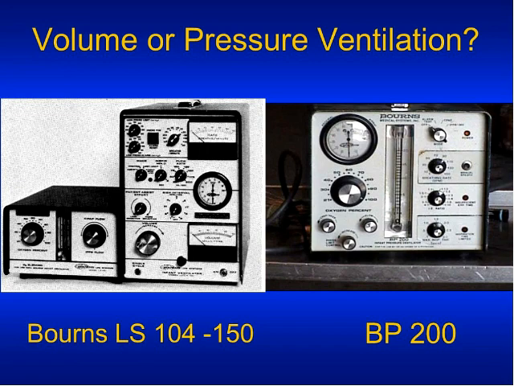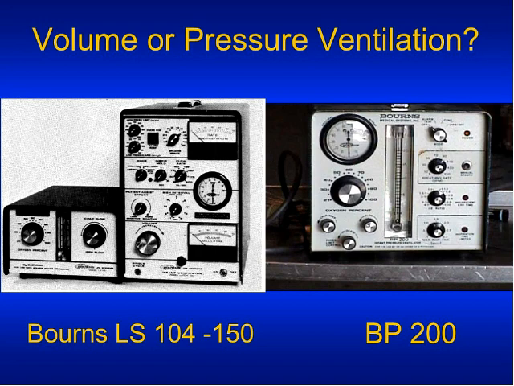The last time we seriously asked ourselves that question was back in the 1980s, from which these two ventilators originate. Some of you may remember the old Bourns LS-104, an old volume ventilator. Not designed for babies, did not work very well in babies.